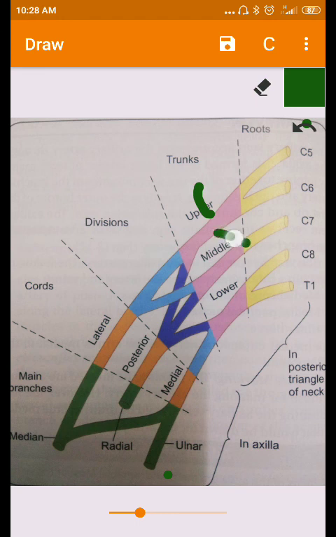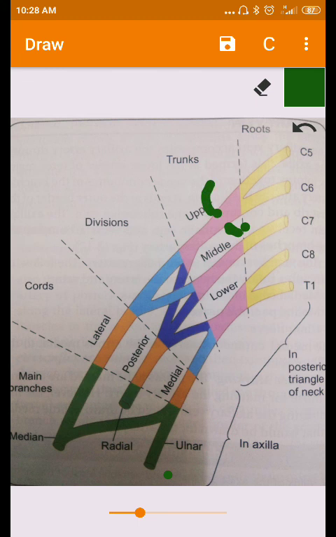Again, this upper trunk gives two branches: one is nerve to subclavius, another one is suprascapular nerve.